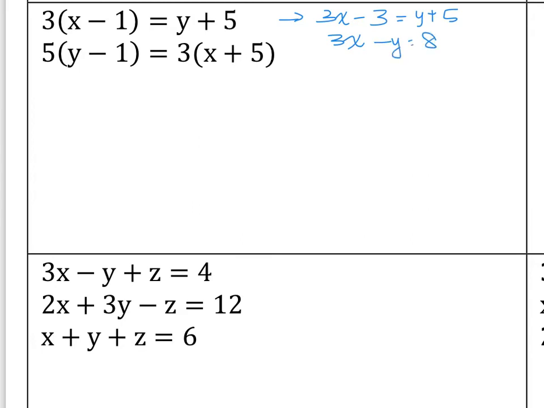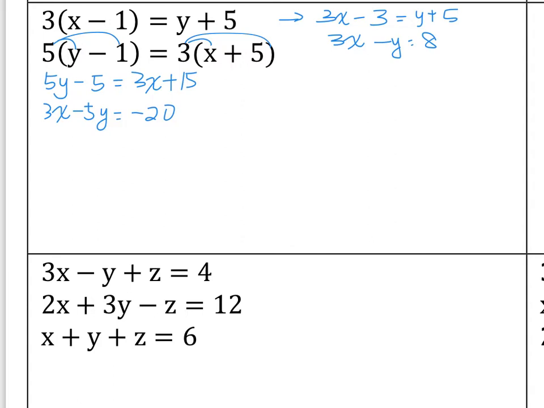We'll set that aside and we'll take care of the second one. 5y minus 5 give you 3x plus 15. And I'm going to move these around. So let's see, minus 15, so that's going to be negative 20. And then 3x minus 5y.